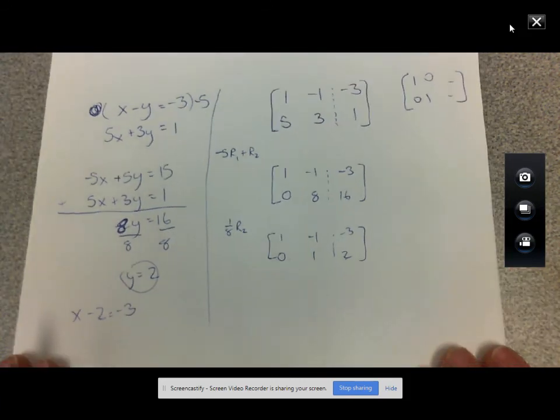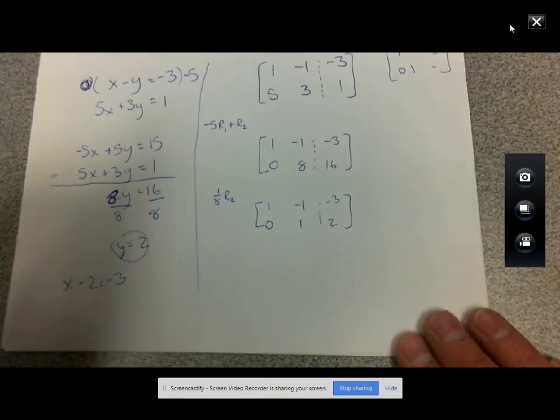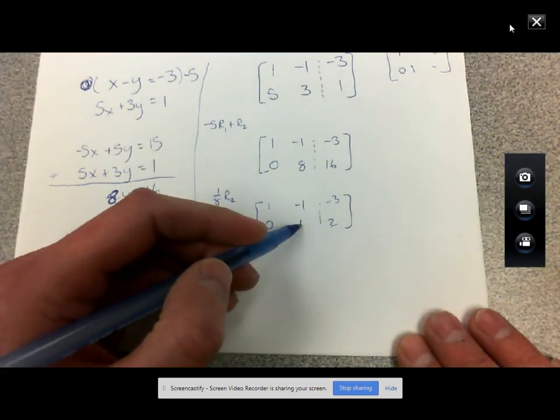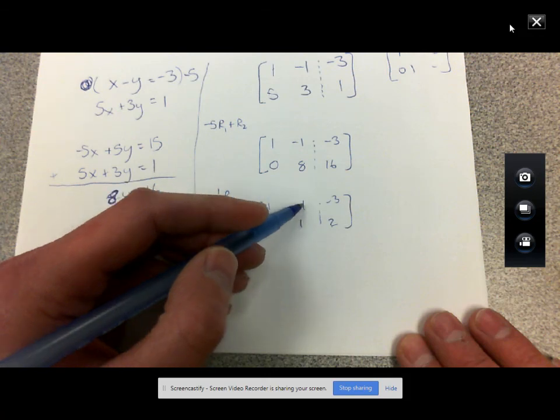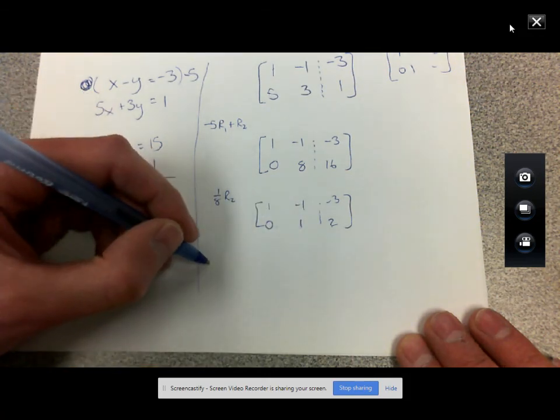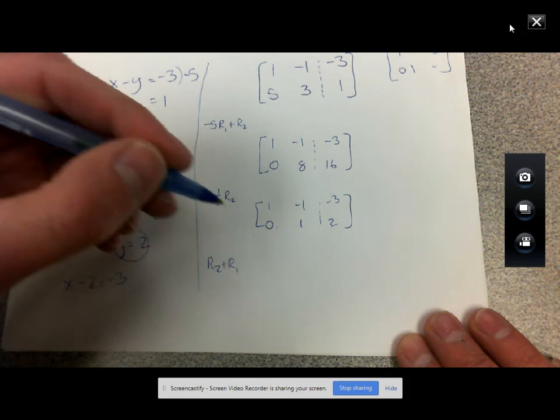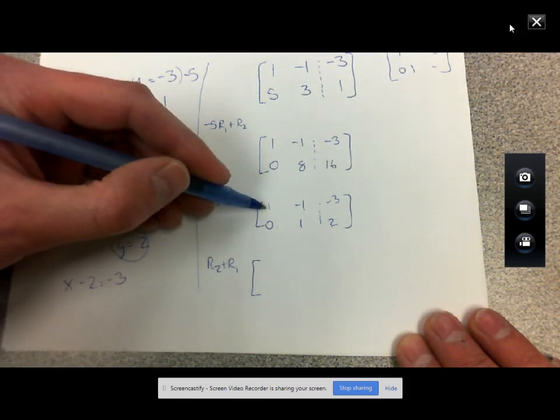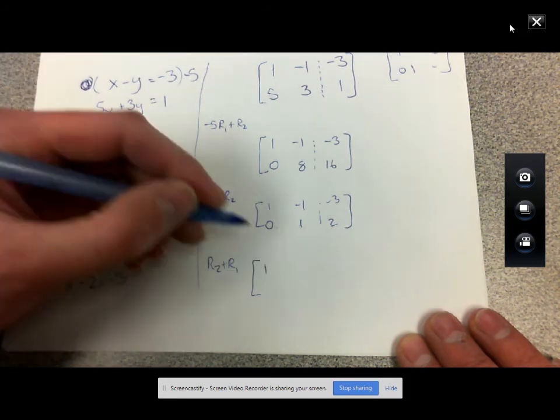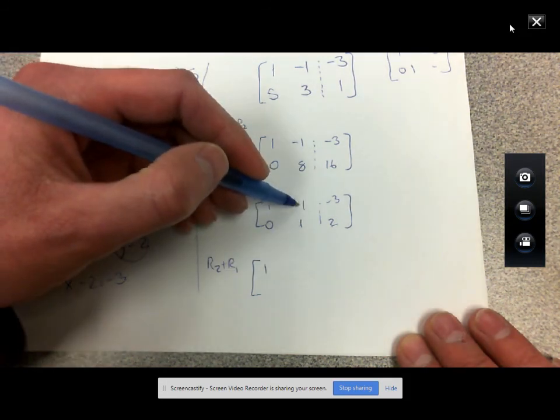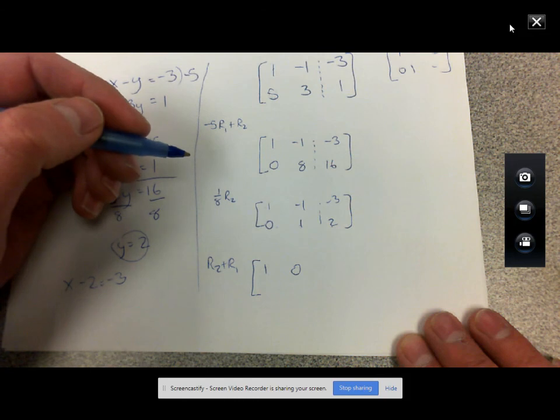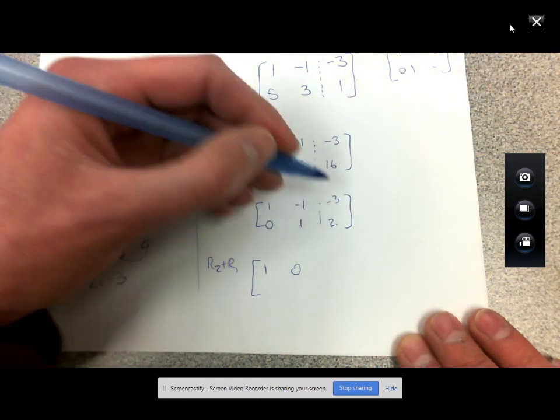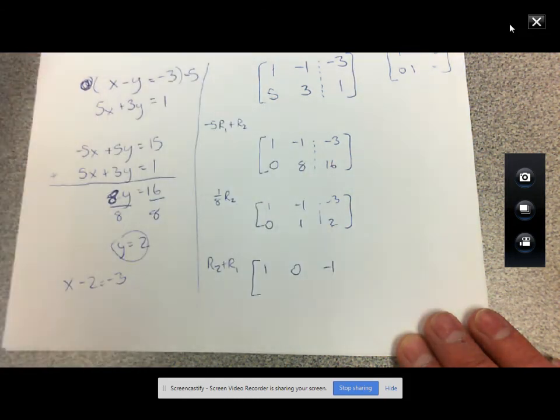So I'm going to do the same type of thing. Let's get this down a little bit. I'm going to take row 2 and add it to row 1. 0 plus 1 is going to give me 1, so that doesn't change. 1 plus -1 would be 0. 2 plus -3 is -1.